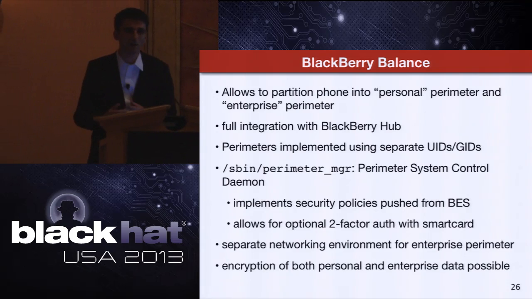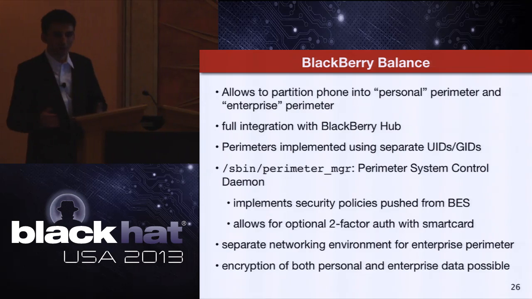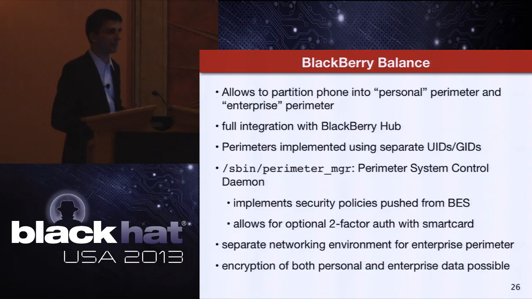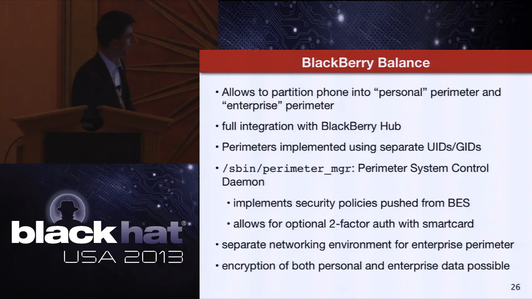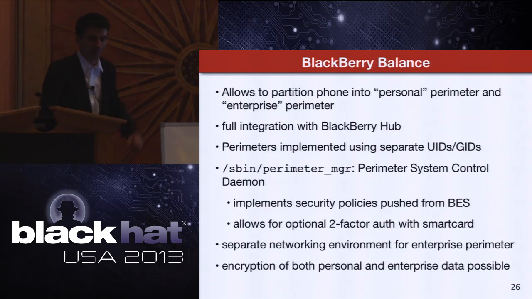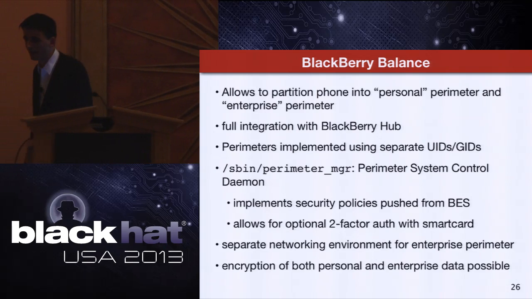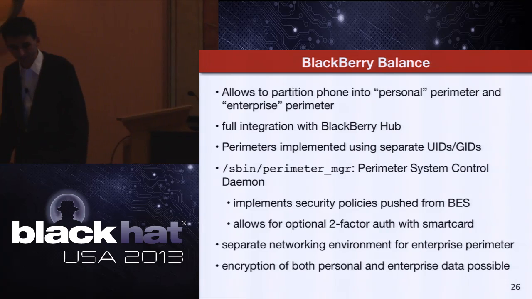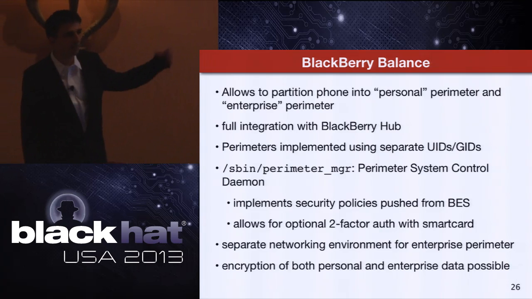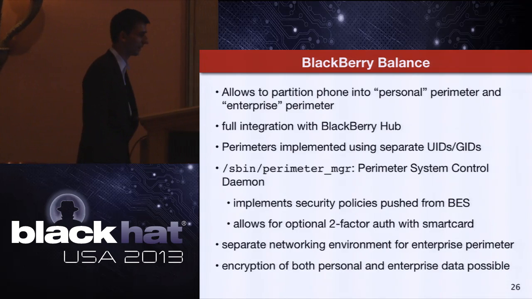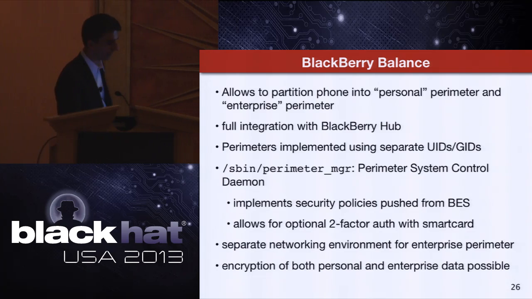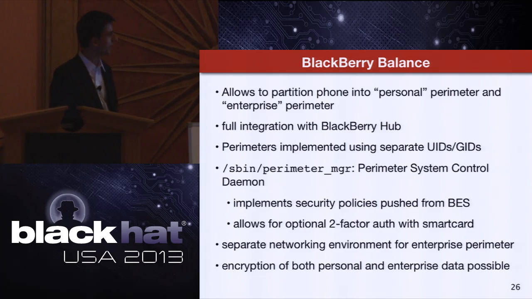So initially, I had hoped there was some deeper mechanism involving TrustZone to make the separation, but this turned out not to be the case. And the perimeter manager is the thing that actually implements all of this, that gets the policies back from the enterprise server.